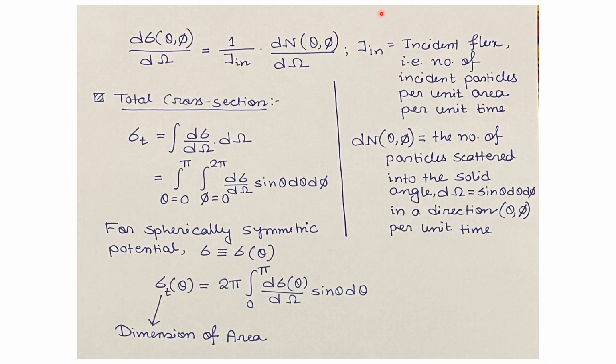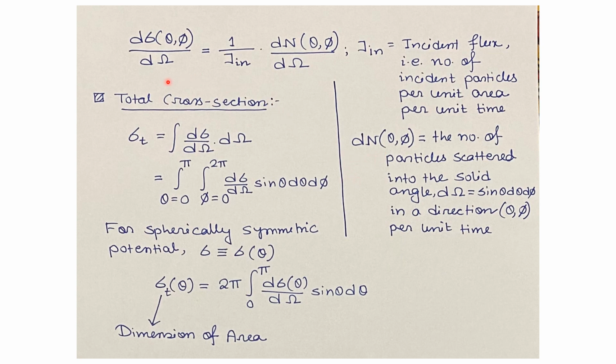Till now, we have already discussed the differential scattering cross section d sigma d omega in a scattering experiment, and also the definition for the differential scattering cross section. From the definition, we can construct a mathematical relation between d sigma d omega and the incident flux, that is J in, and the number of particles scattered into the elementary solid angle d omega, that is dn, as a function of theta comma phi.